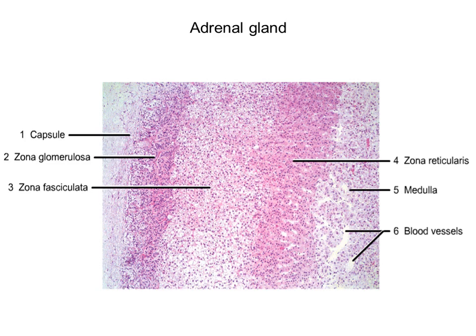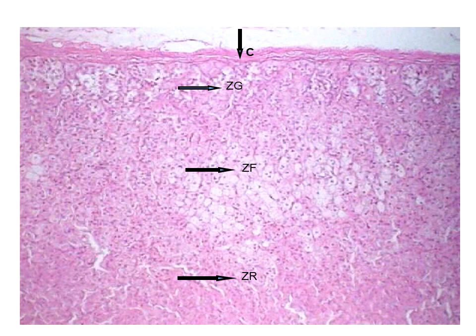You can see the glomerulosa, then the fasciculata. In the fasciculata, the cells are arranged two cells thick. In between are the sinusoids. Here also, there is this glomerulus formation.